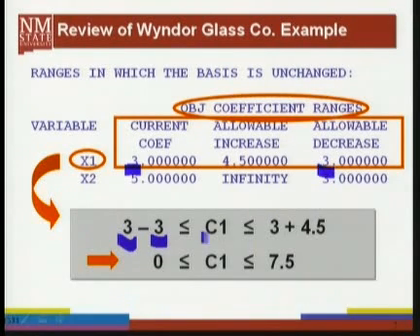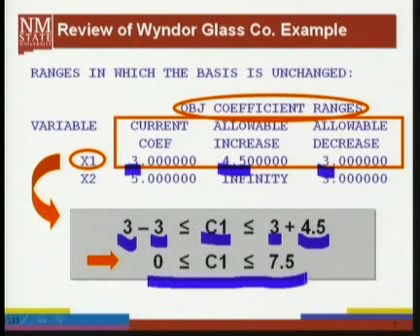And this C1 must be less than or equal to 3, again the current coefficient value, plus 4.5. That is the allowable increase limit, right? So we may say that within these ranges, the optimal solution remains optimal. In other words, within this range, the window glass company should still manufacture 2 doors and 6 windows.